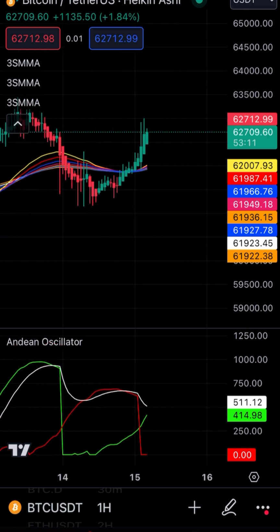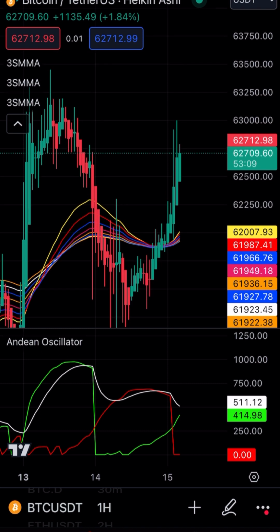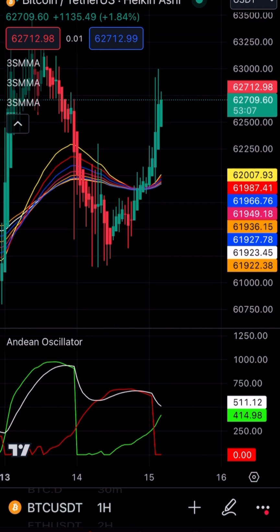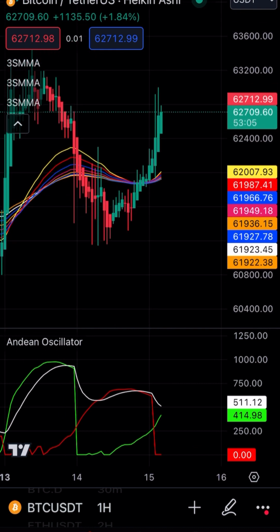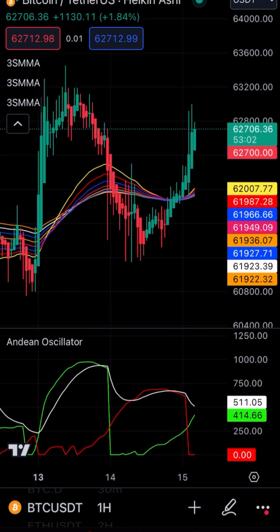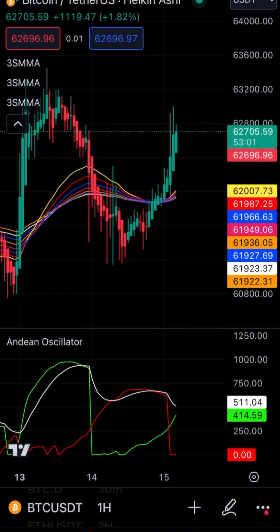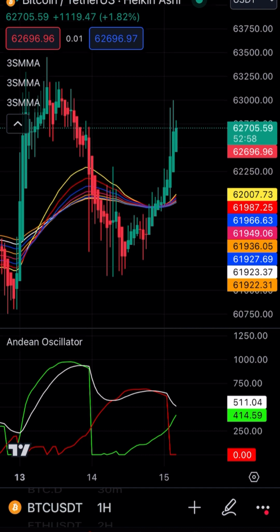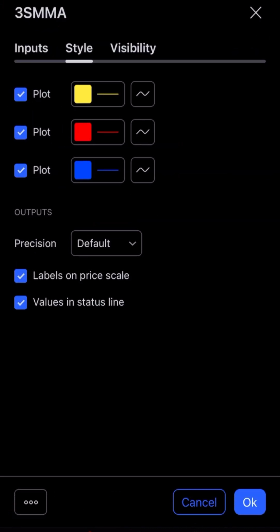So the Rainbow Strategy, that's what I call it. We're looking at Bitcoin right here, and what I learned from watching the TikTok video was the most important part of the Rainbow Strategy. Let's see if I have them all loaded here.